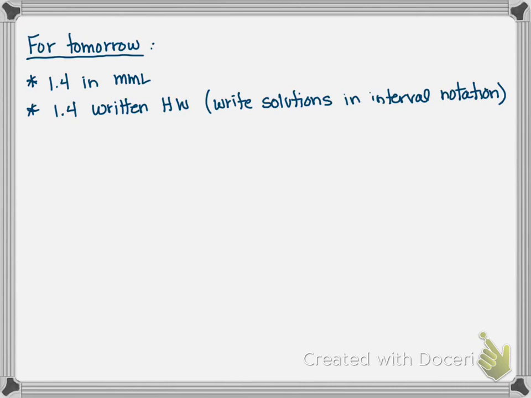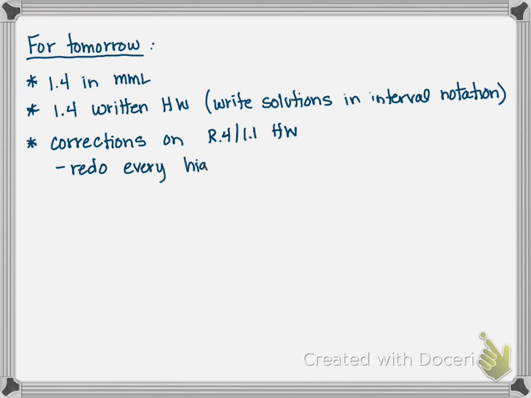And then you're going to have corrections on the R.4 1.1 homework that I'm about to hand back. For corrections, remember you're going to redo every highlighted problem on a separate sheet of paper.